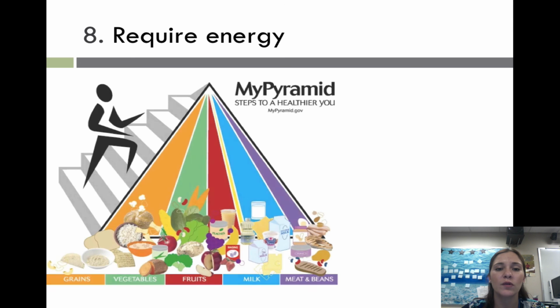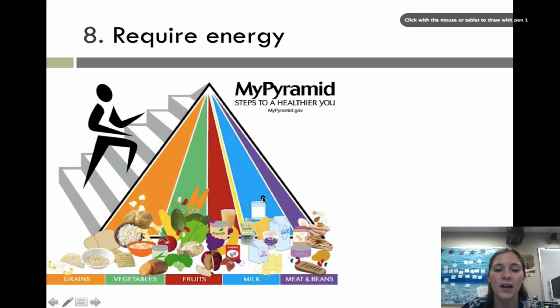All right, all living things require energy. Where do you get the energy to sit during class, to think, and to carry out all life functions? That all comes from the food that you eat, right? Here's a simple pyramid of different types of foods. But some organisms don't necessarily eat and still require energy.